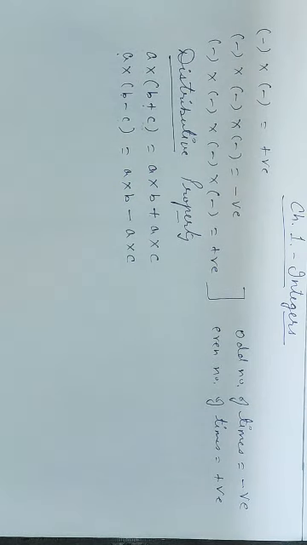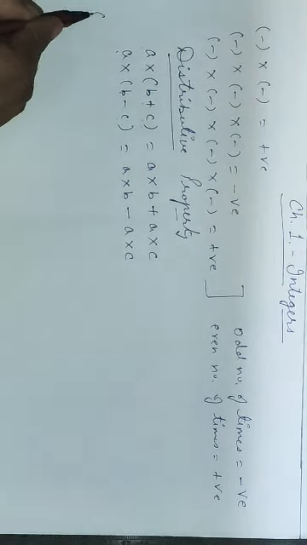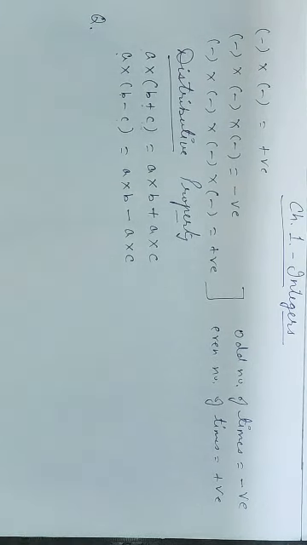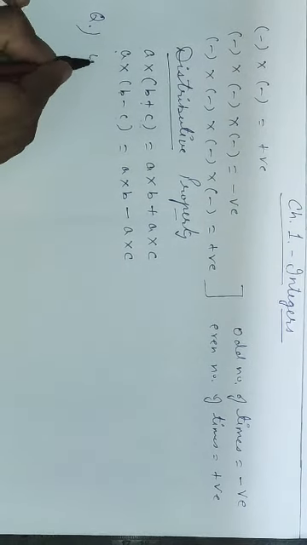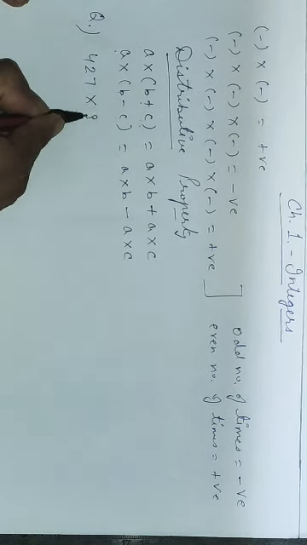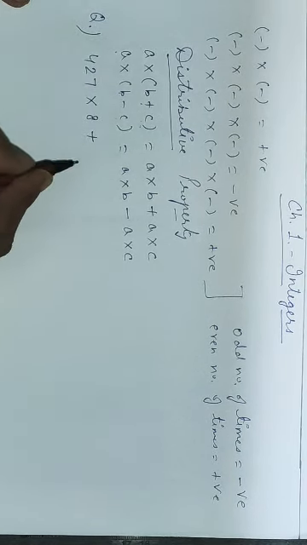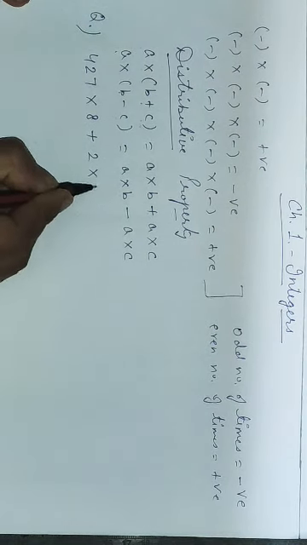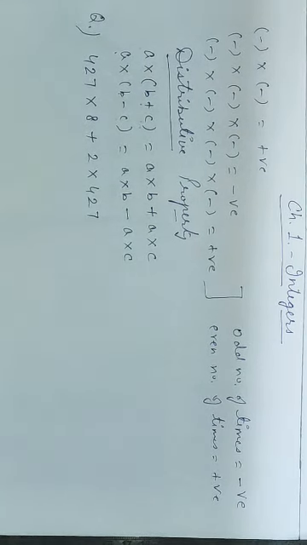Okay. Let us take one question that will clear the property. Suppose my question says 427 multiplied with 8 plus 2 multiplied with 427.